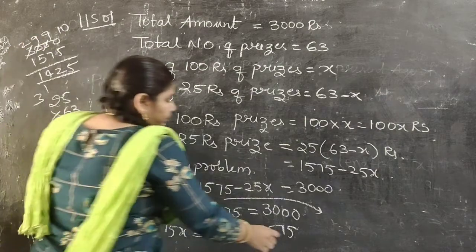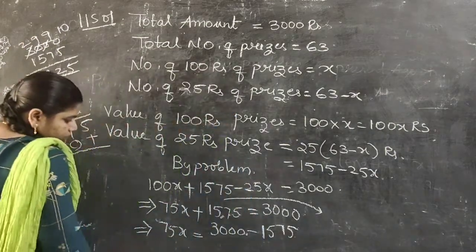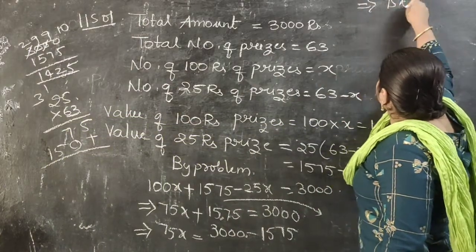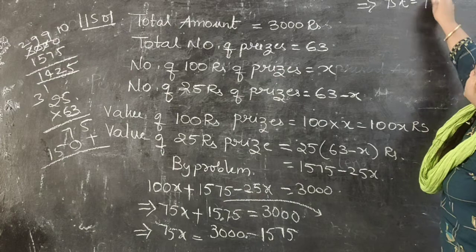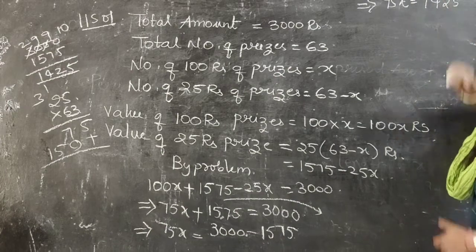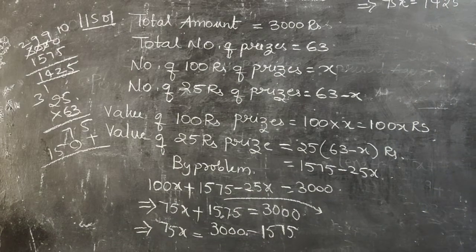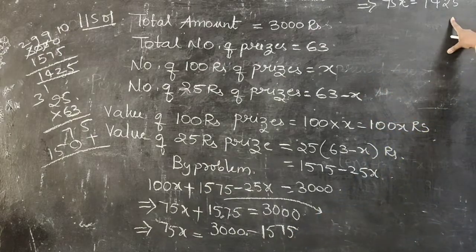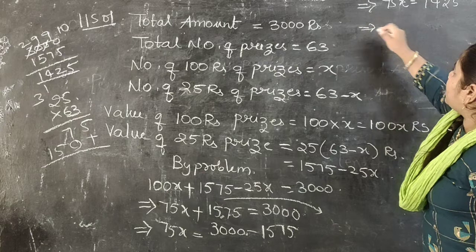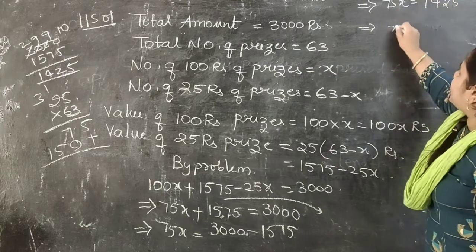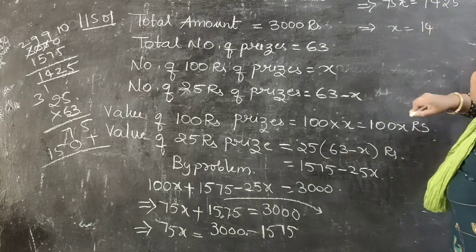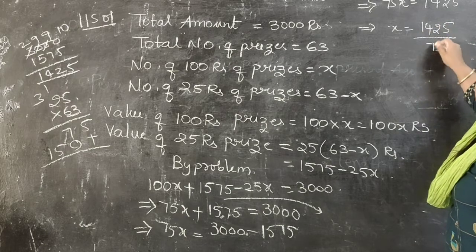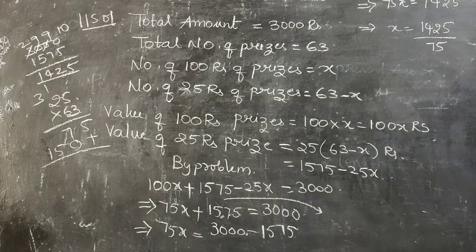So 75x is equal to 1425, since 3000 minus 1575 is 1425. Now set this 75 to the other side. So x is equal to 1425 divided by 75.